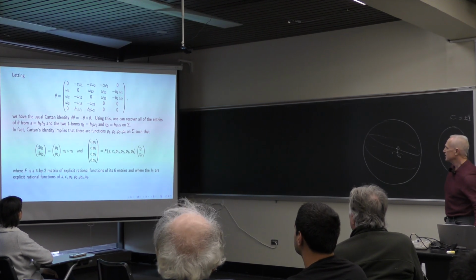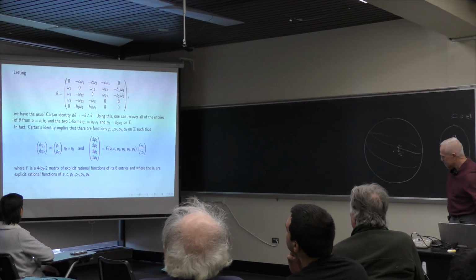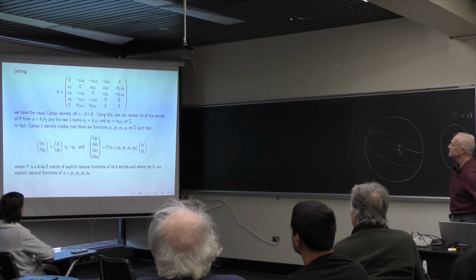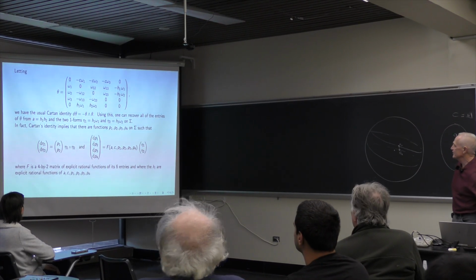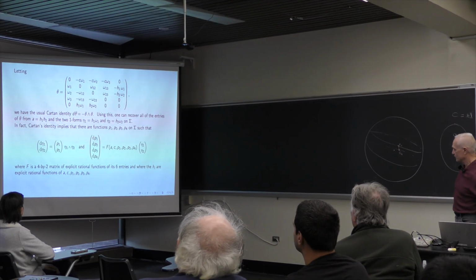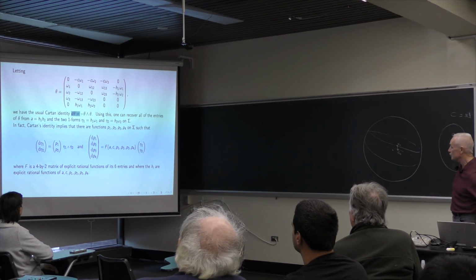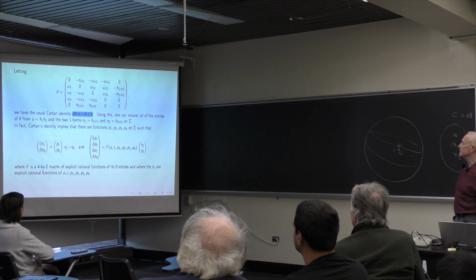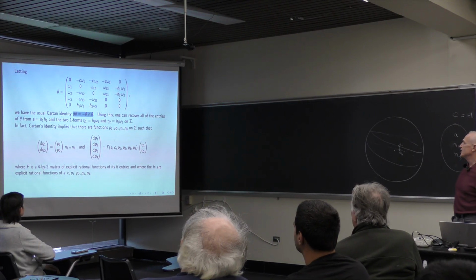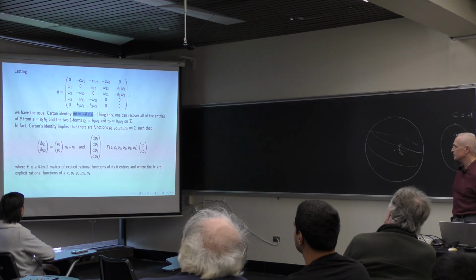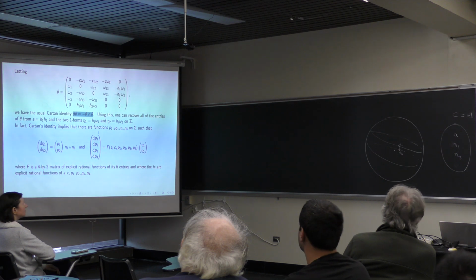I'll just say Cartan's identity implies that in order for this to hold, there have to be functions P1, P2, P3, P4 so that these equations hold, where P1, P2, P3, P4 are determined by differentiating H1 and H2. I don't want to give the formulas because the formulas are somewhat complicated and will obscure the idea.